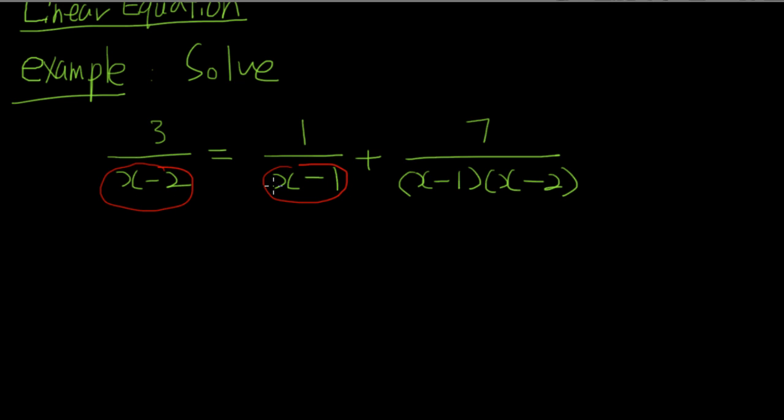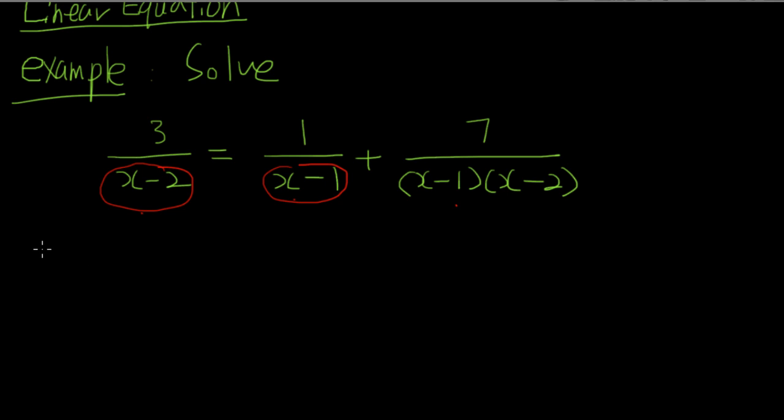Basically we have x minus 2 and x minus 1. This is a combination of x minus 1 and x minus 2. So what we should do is multiply x minus 1, x minus 2 on each and every term. When we multiply that on both sides, it works as multiplying in each term.